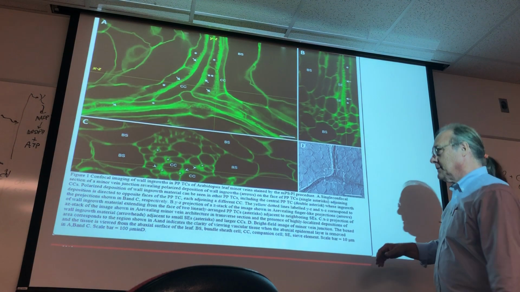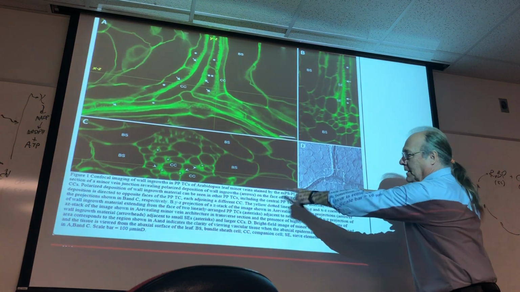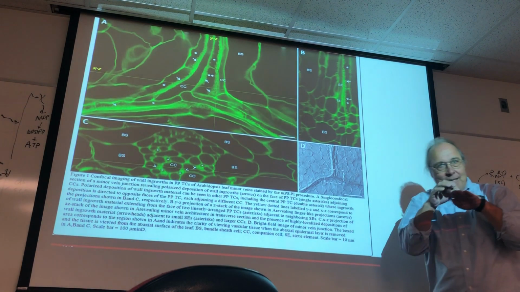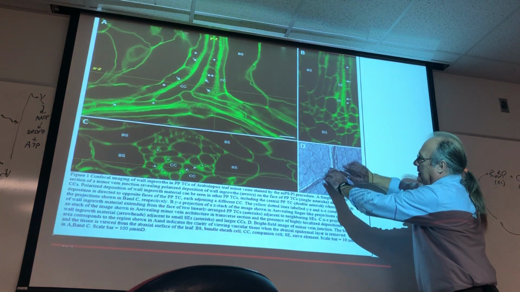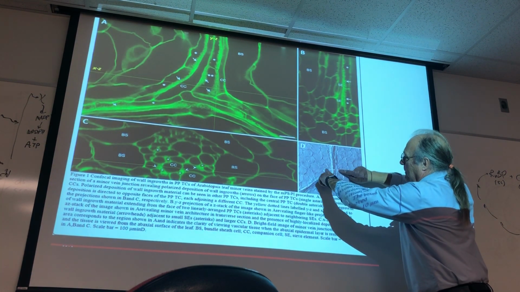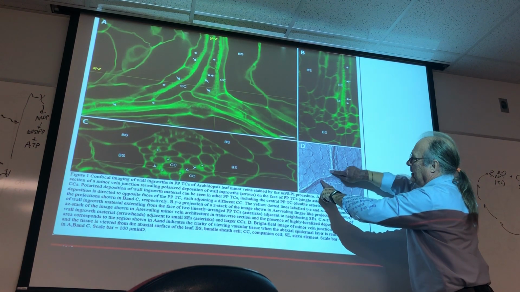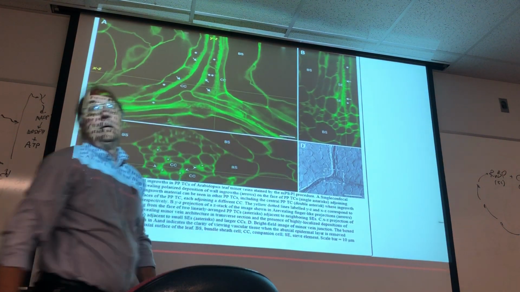This is in Arabidopsis. Here's what they call a minor vein, a little tiny vein in the leaf. They peel off the epidermis, and this part in the box is this part up here.